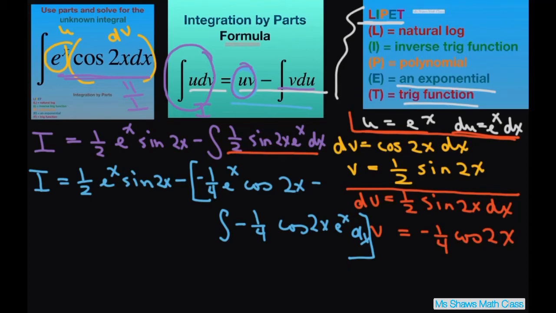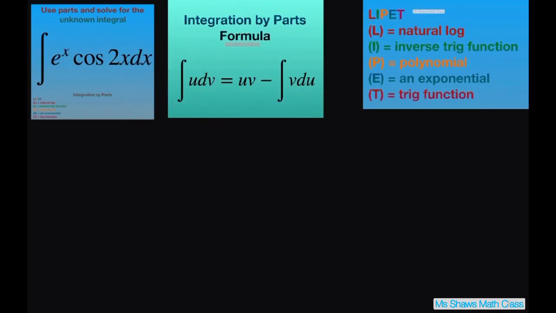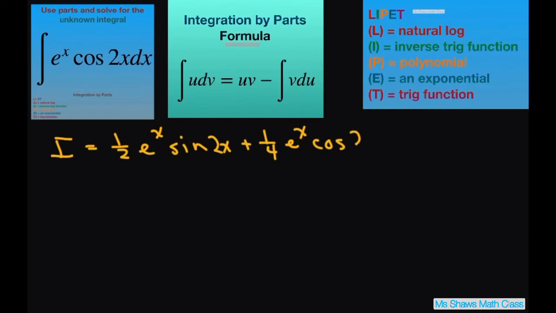And I'm going to go ahead and distribute this negative and pull this 1/4 out. So let's do that. I'm going to get our integral equals 1/2 e to the x power sine of 2x plus 1/4, I'm distributing the negative, 1/4 e to the x cosine of 2x.